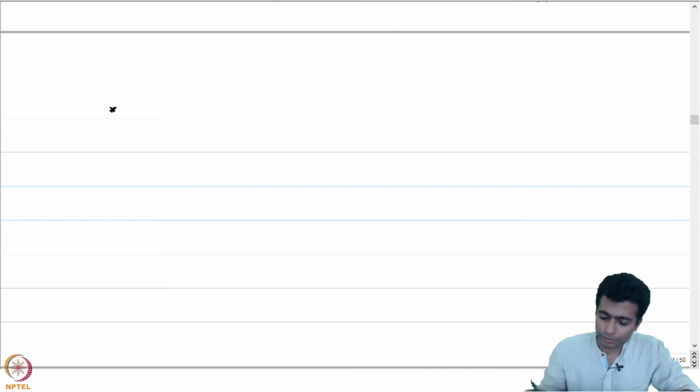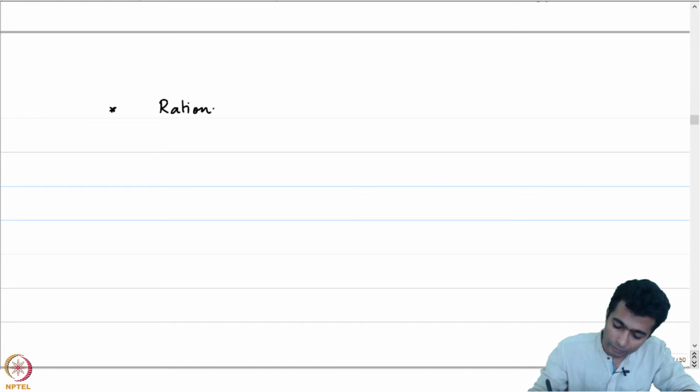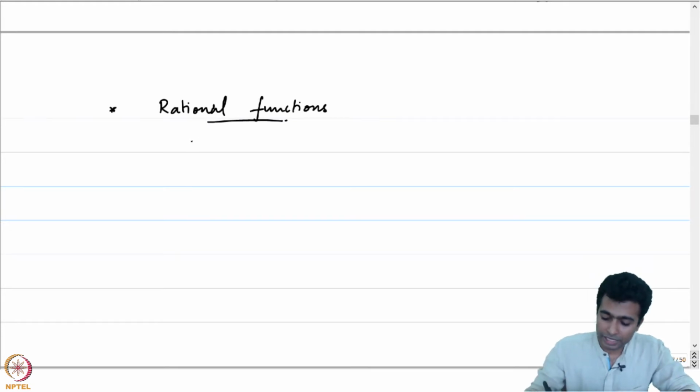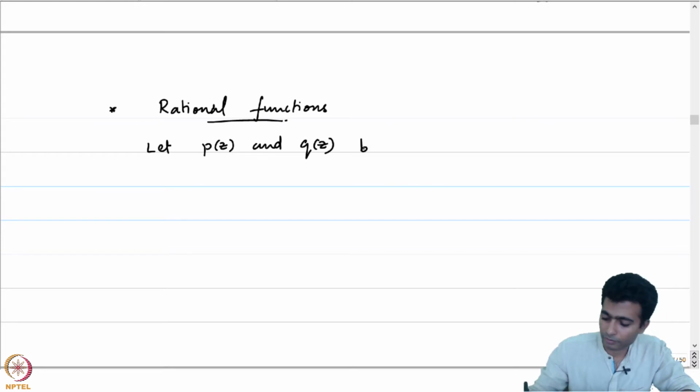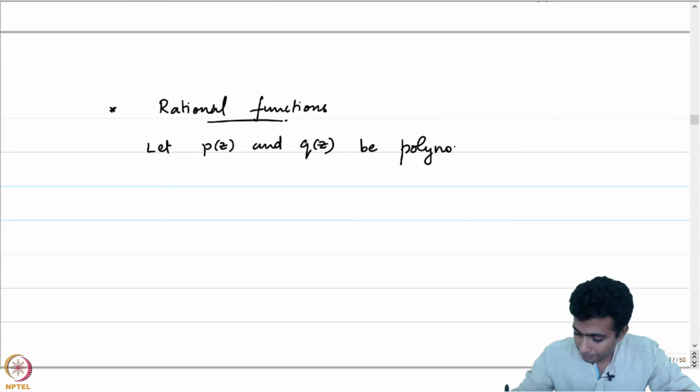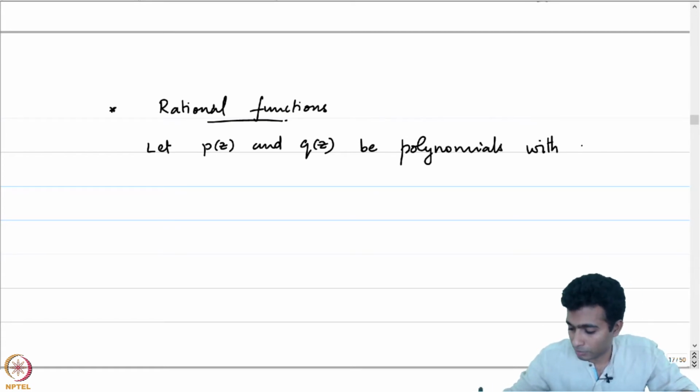Another example would be of rational functions. Let p of z and q of z be polynomials which do not have a common factor, with no common factor, in particular no common zeros.